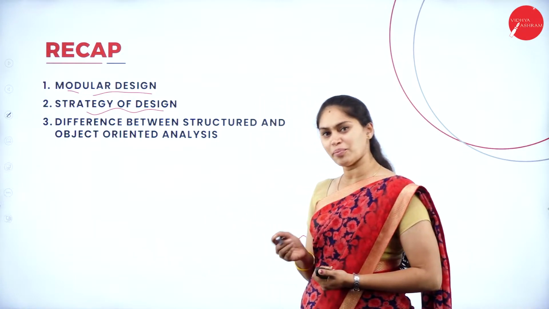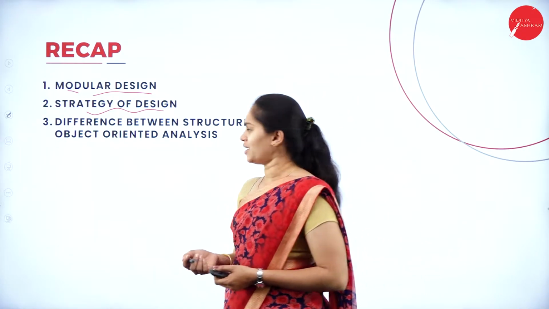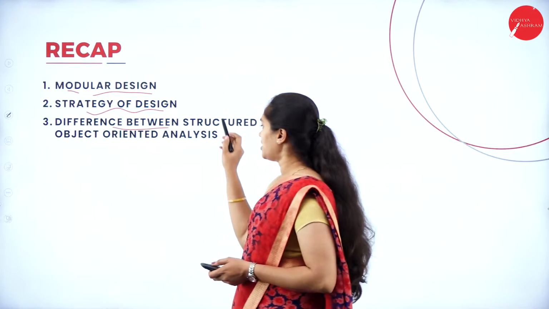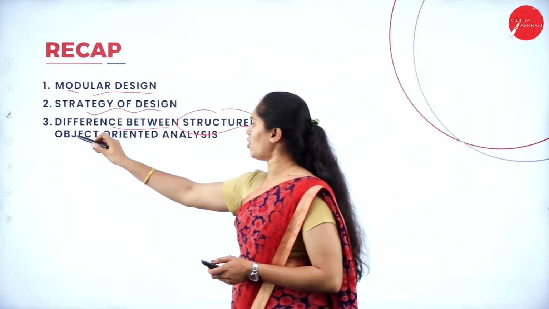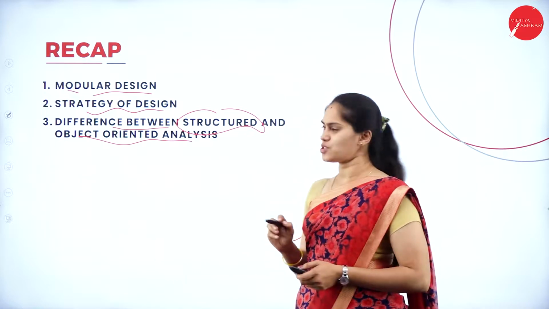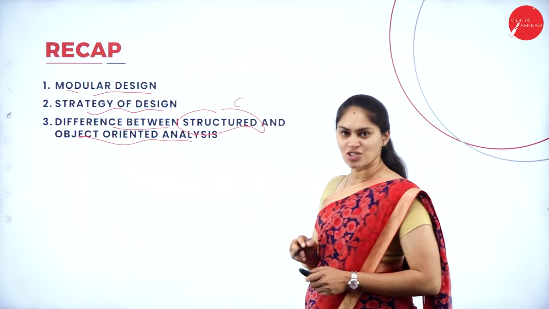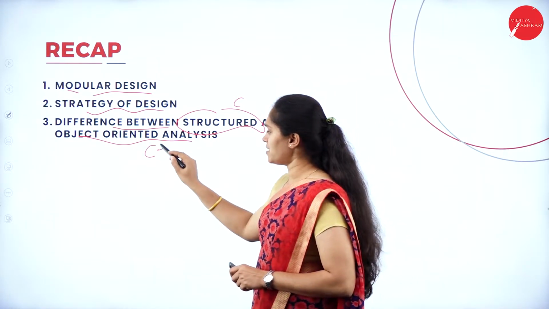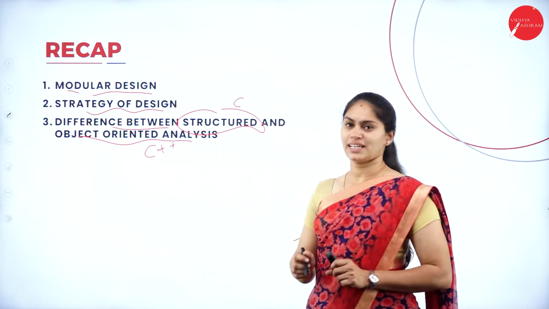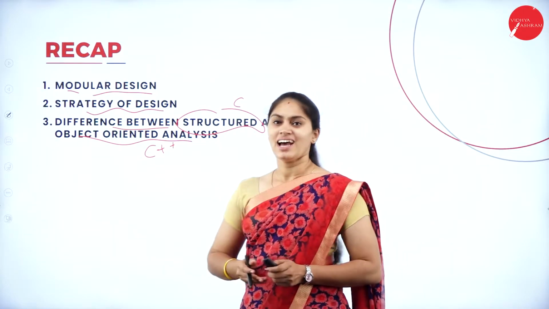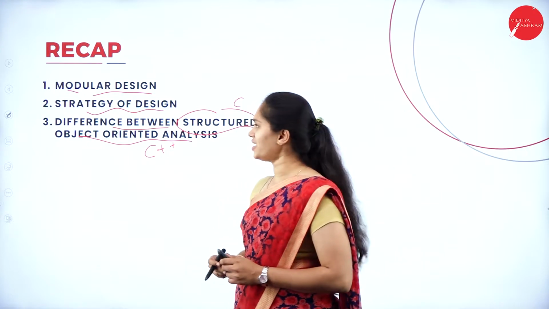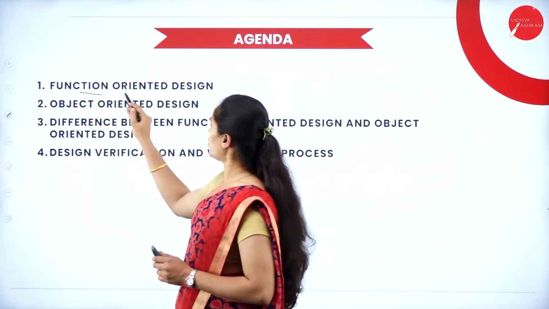It can be a top-down approach or a bottom-up approach, and we also discussed the difference between structured and object-oriented analysis. C programming comes under structured analysis, and C++ or Java programs all come under object-oriented analysis. In today's session, we'll continue with function-oriented design.